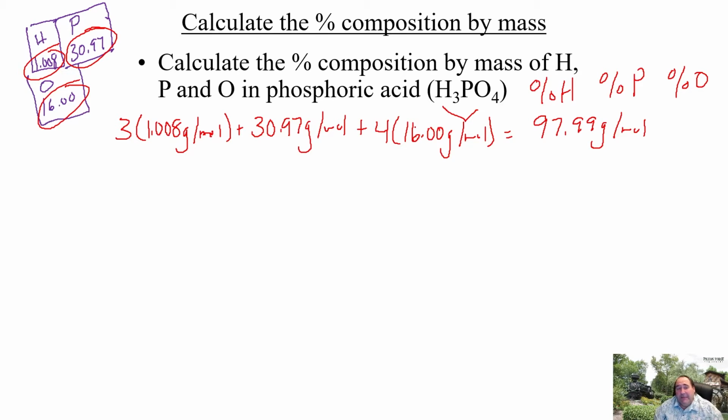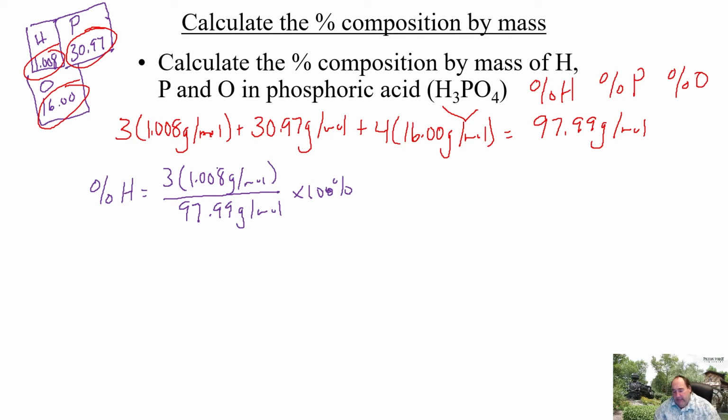So now that we have the molar mass of the entire compound, we just need to take each element and do the percent calculation. Starting with hydrogen, our percent hydrogen, there are 3 of them, so 3 times 1.008 grams per mole divided by the molar mass of the entire compound. And again, we're going to times it by 100%.